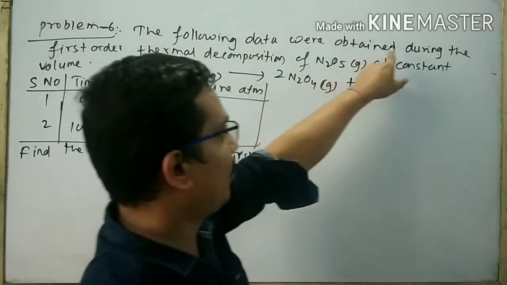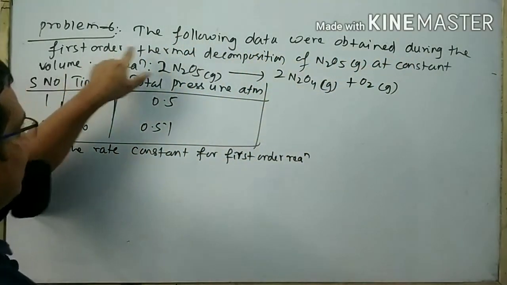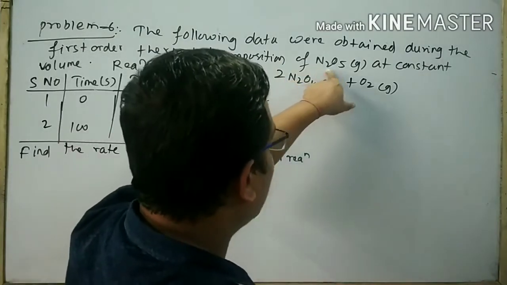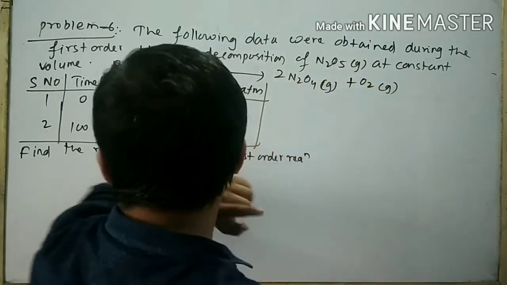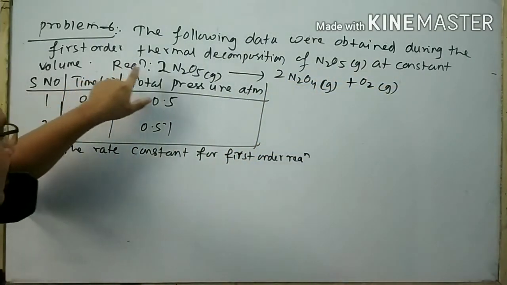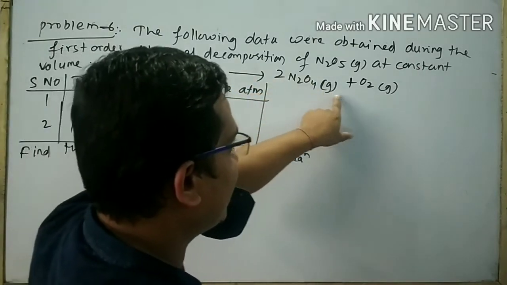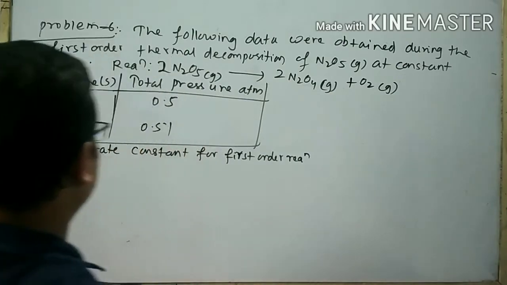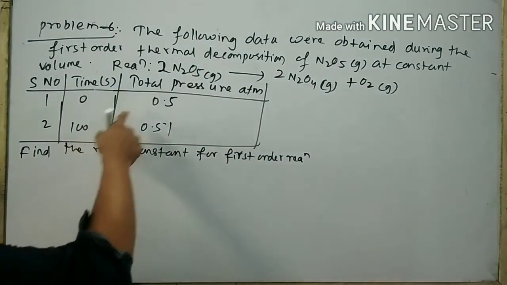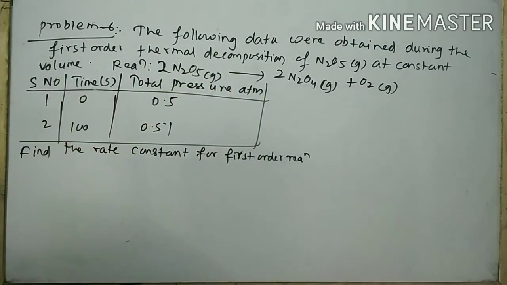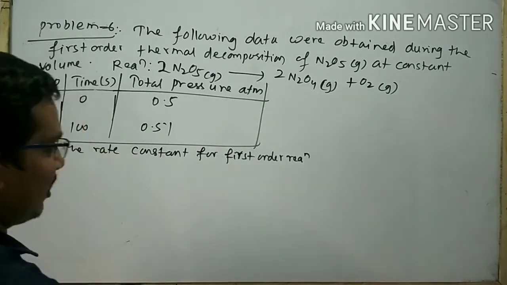The following data were obtained during the first order thermal decomposition of N2O5 gas at constant volume. The reaction is your 2N2O5 gas gives 2N2O4 gas plus O2 gas. The data present in the table related to this equation. Our aim to find out the rate constant for first order reaction.